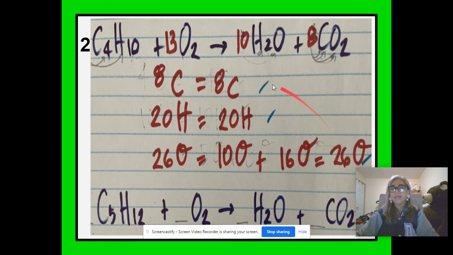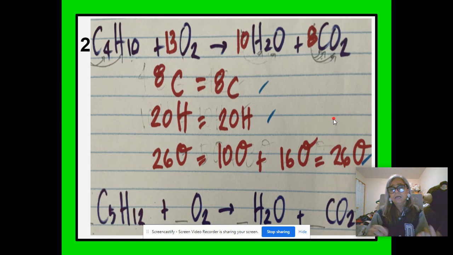And how do I make 26 atoms of oxygen on the left? Initially, it's a 2, so I needed to place here 13. 13 times 2 is 26. So that's how you balance the atoms, okay?